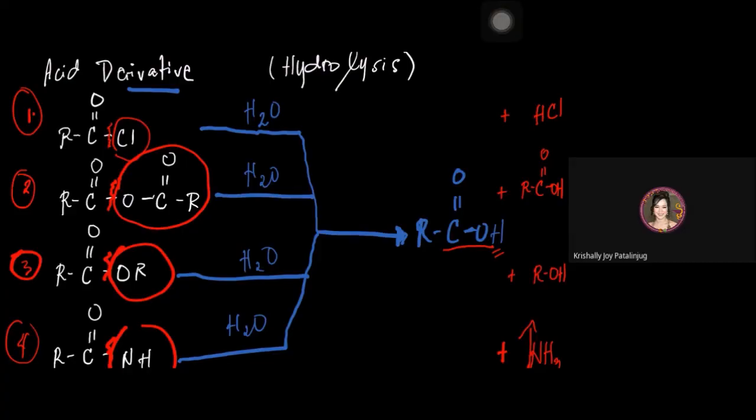By theory, the greater the electronegativity of their substituents, the higher is their capacity to stabilize a negative charge, thus making it a more suitable leaving group. So if they have a greater electronegativity of their substituent, that would mean they would have increasing reactivity towards nucleophilic substitution reaction.